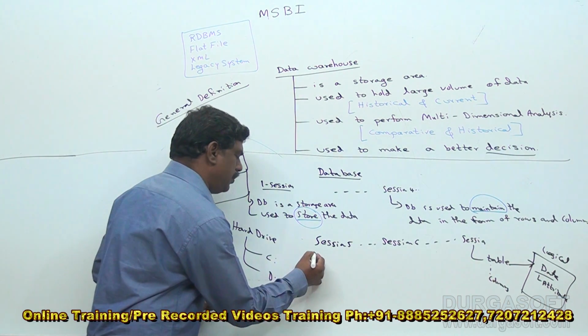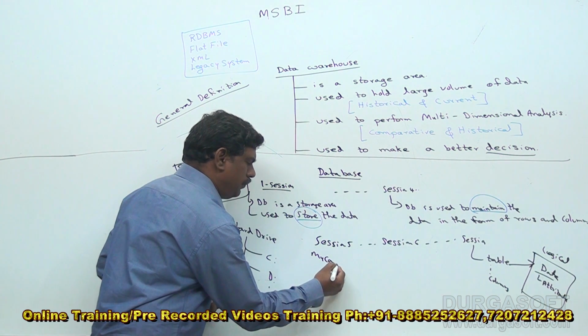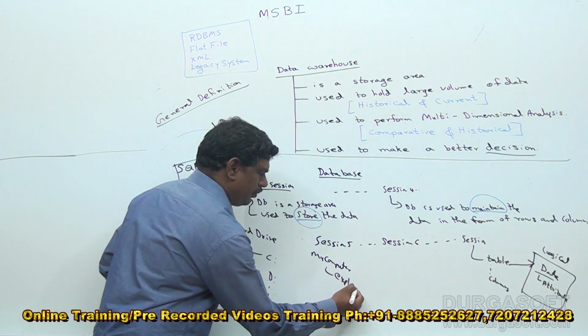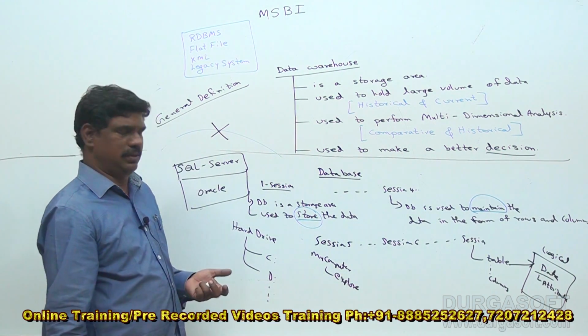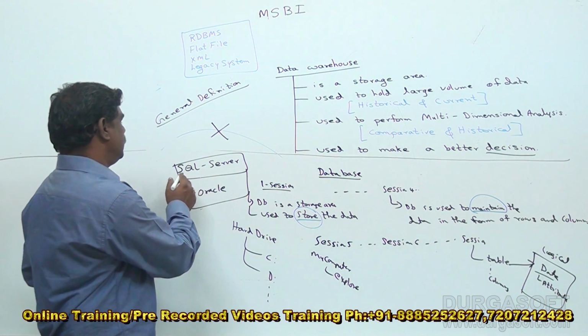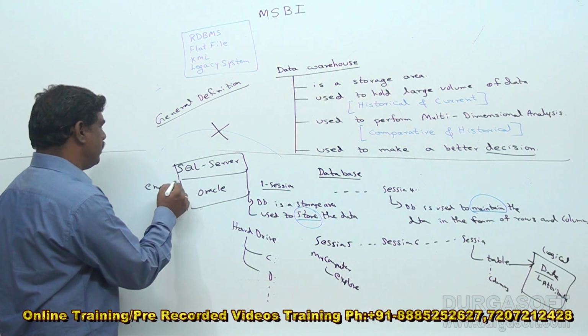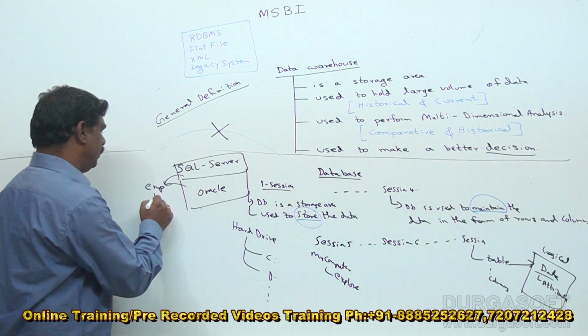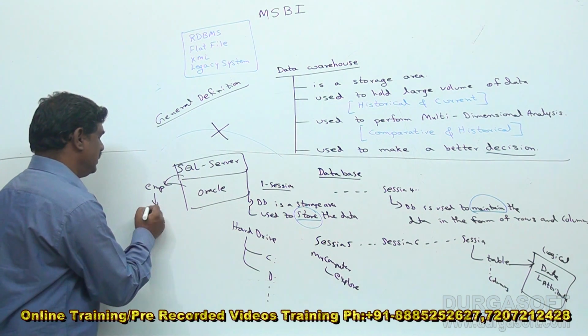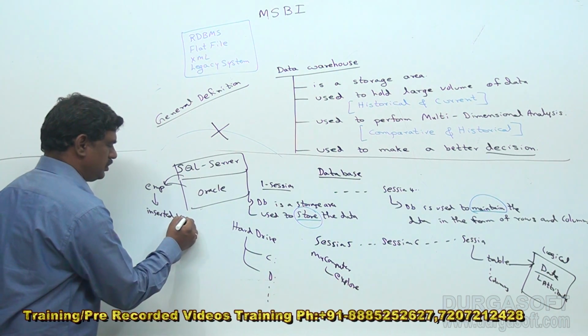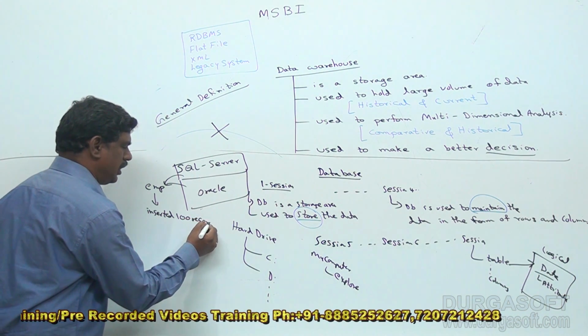Then, in SQL Server or Oracle, you create something called an EMP table, and within this you insert nearly 100 records.